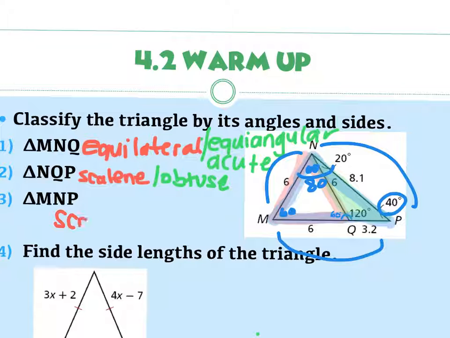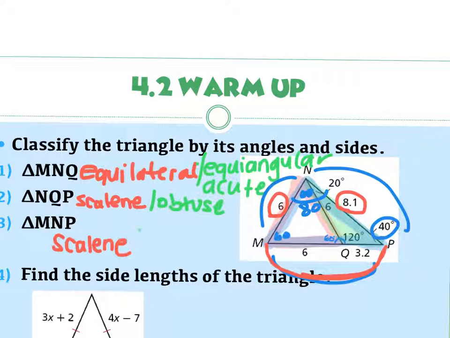Scalene. This one is here, 8.1. This one is here, 6. And then this one has both the 6 and the 3.2, so it's 9.2. And now look at the angles. I've got my 60 degrees, 80 degrees, and 40 degrees. What does that tell you? Acute. Good.